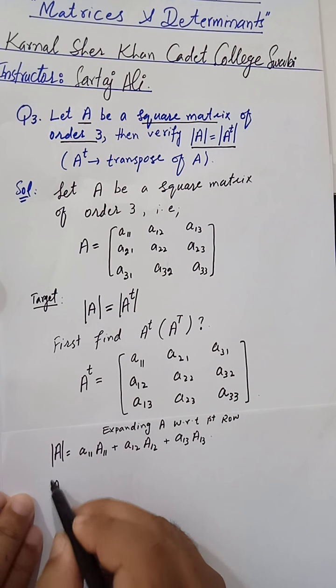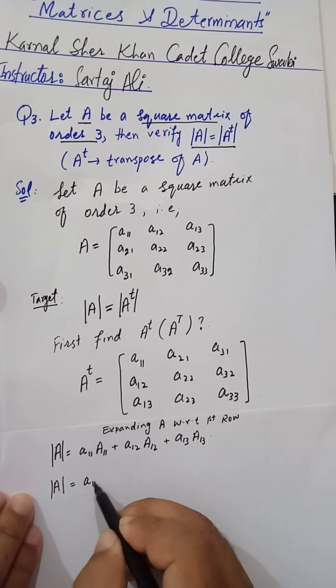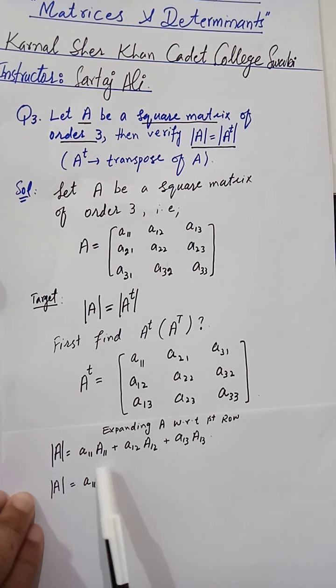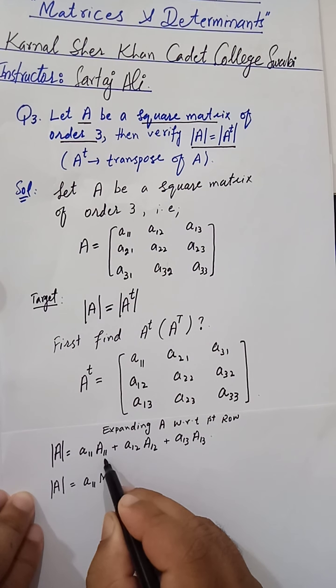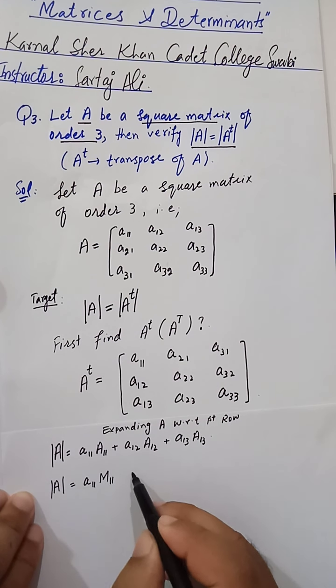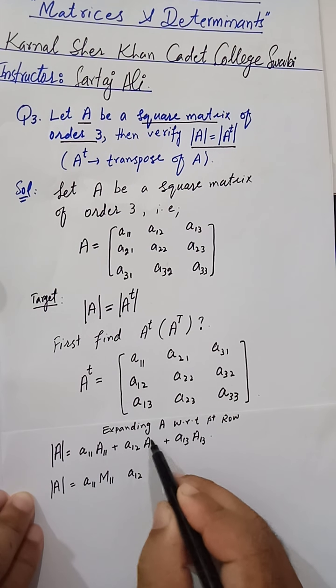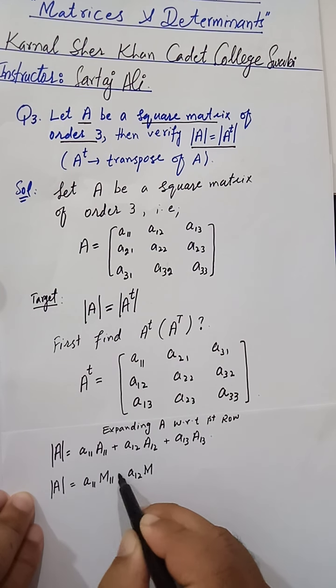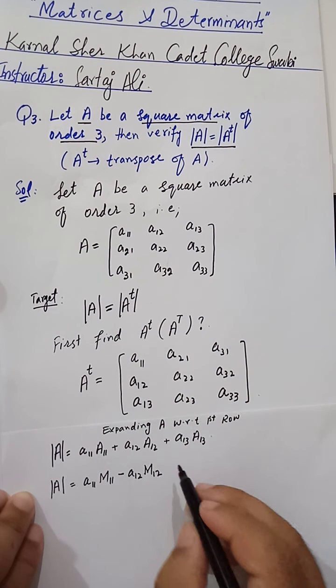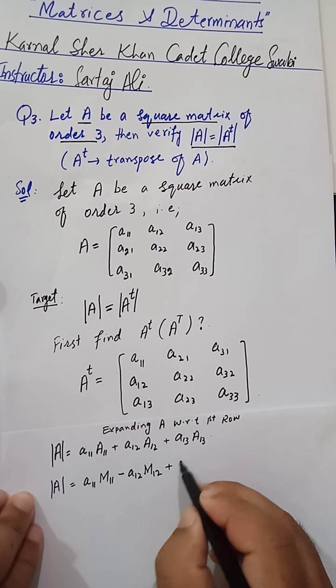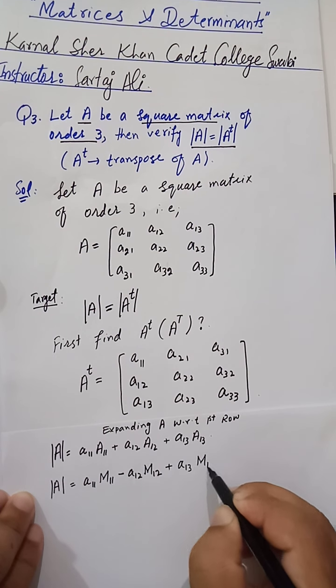Now you need to find the cofactor A11. Cofactor A11 is equal to minor M11, so I can replace this cofactor by M11 because the addition of the subscript is even. Now capital A12 is equal to minus M12 because the addition of the subscript is odd, and this will be plus a13 M13.